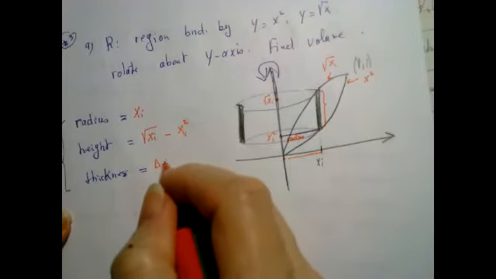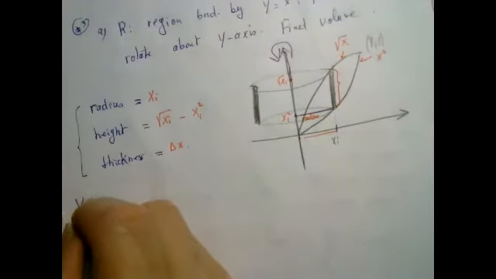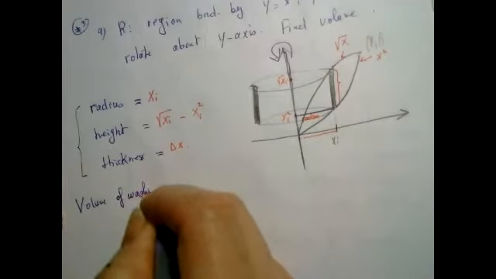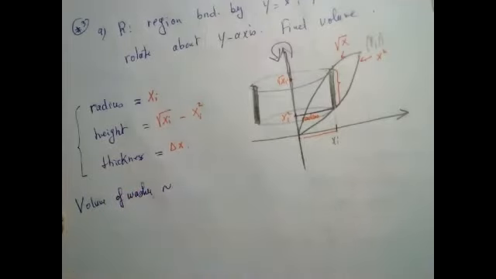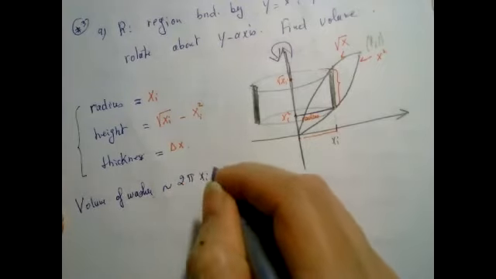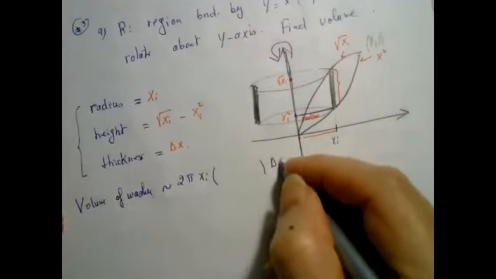Thickness is delta x. Volume of the washer is almost equal to that of a typical washer, 2 pi times the radius times the height times the thickness.